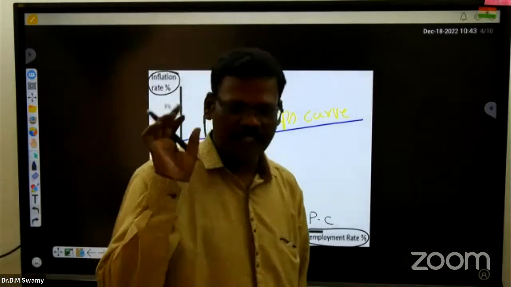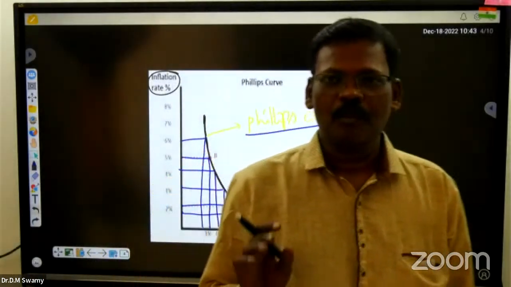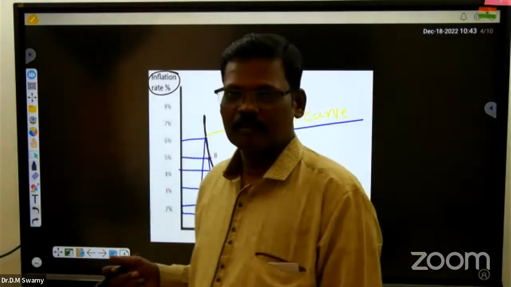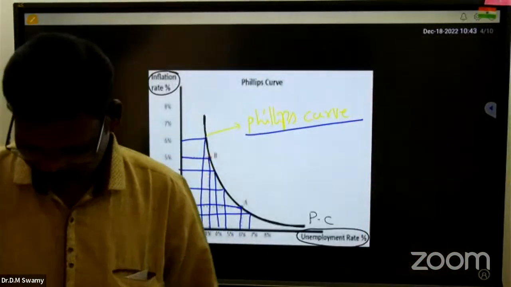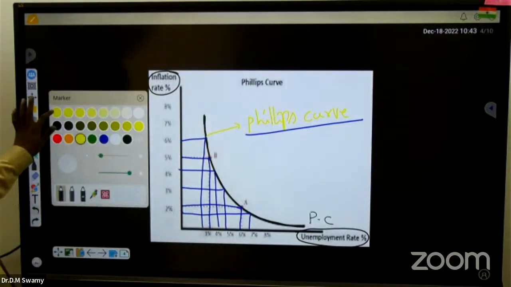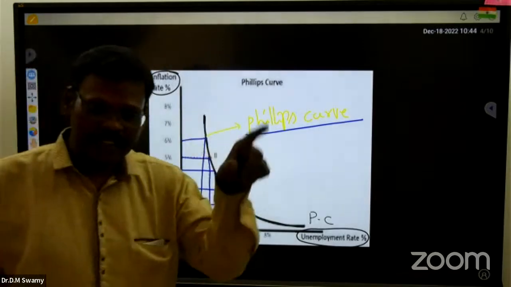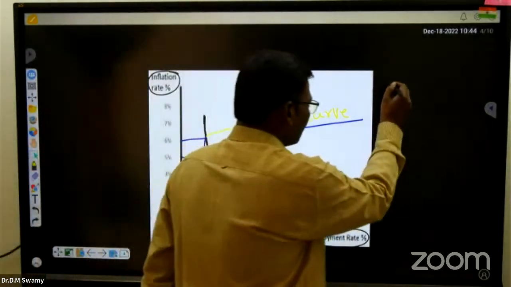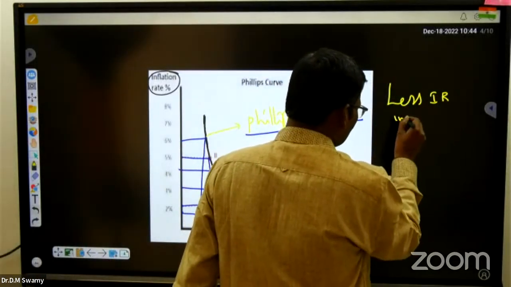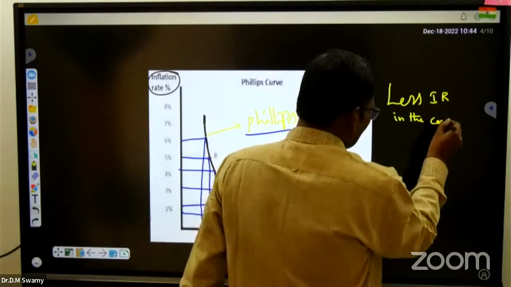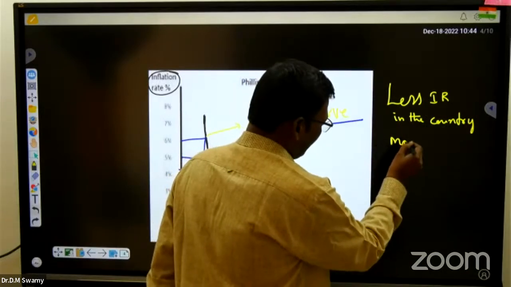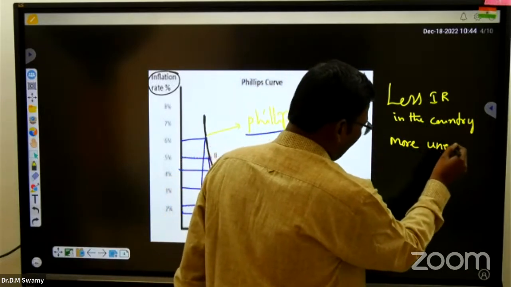As we know from economic theory, if we want more economic growth, there should be a lower inflation rate. Please remember, if there is a low inflation rate in the country, then according to this theory there will be a higher unemployment rate.